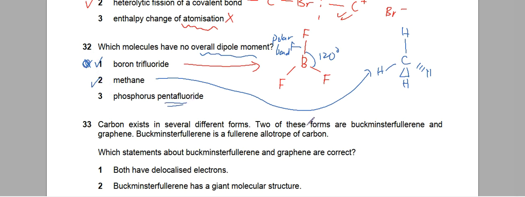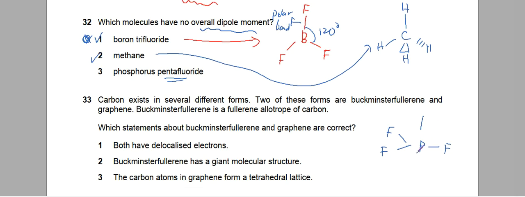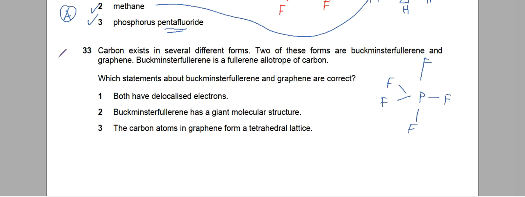Phosphorus pentafluoride, so 3 fluorine here, so this part is symmetrical, all cancel out, and then the up and down group also cancel out each other, so overall also no dipole moment. So in this case the answer is A.